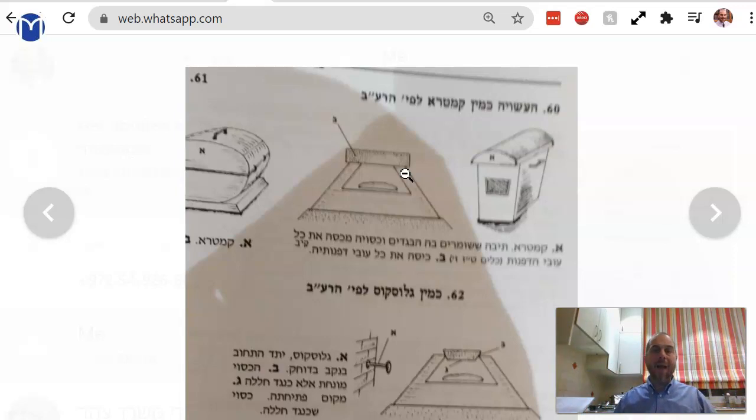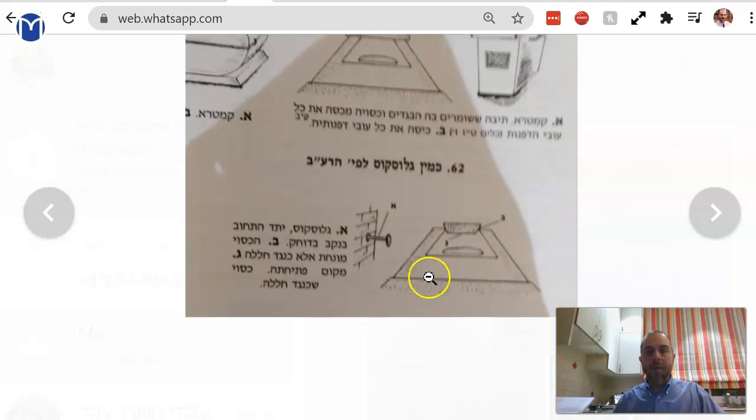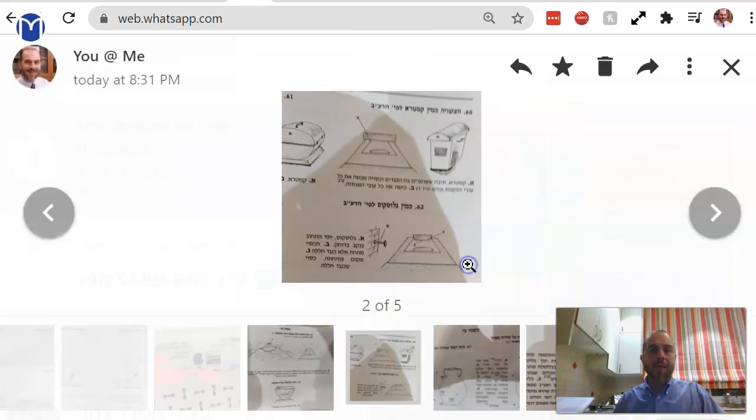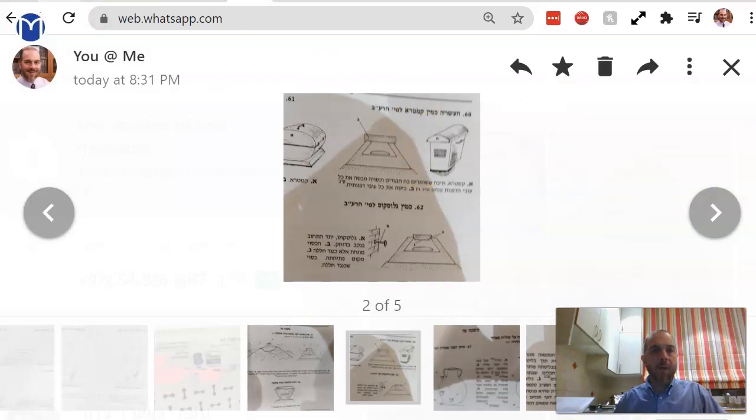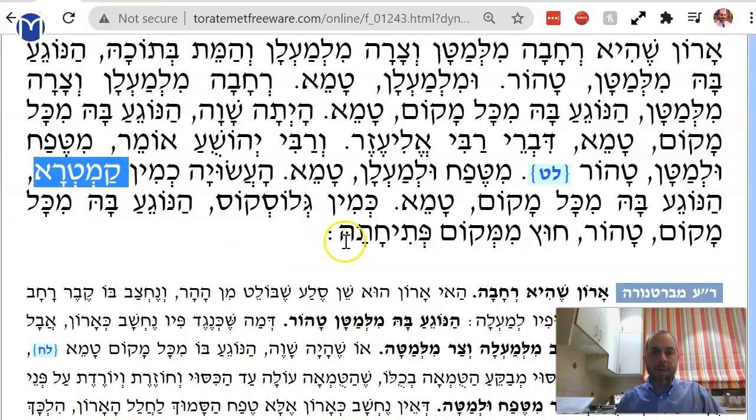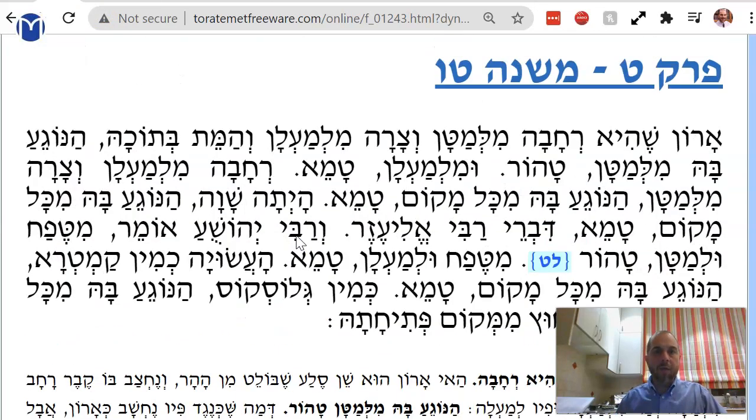The cover covers over the side, so therefore the whole thing is tameh. Whereas over here, only if you touch the top, that would be considered tameh. Everything is tahor except for makom ptichata, that area where you touch it. I think it's enough of the grave hewn into the side of a mountain.